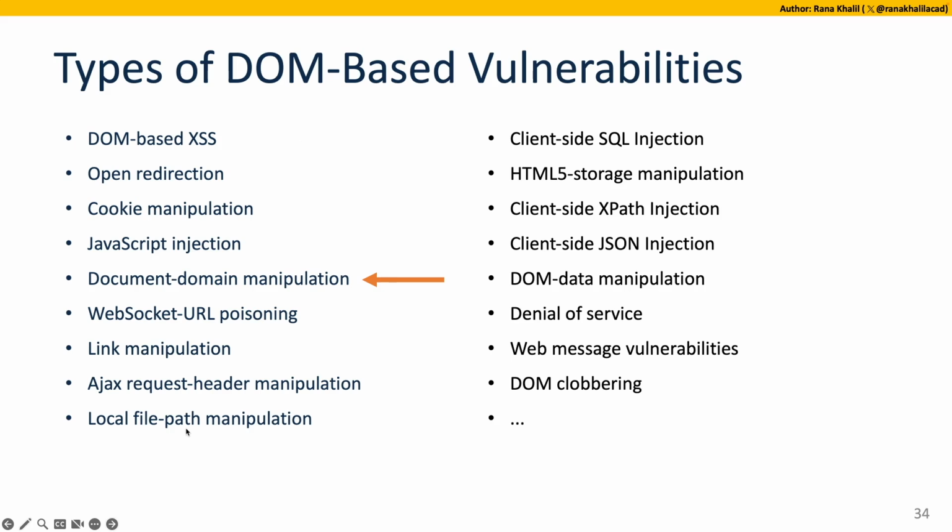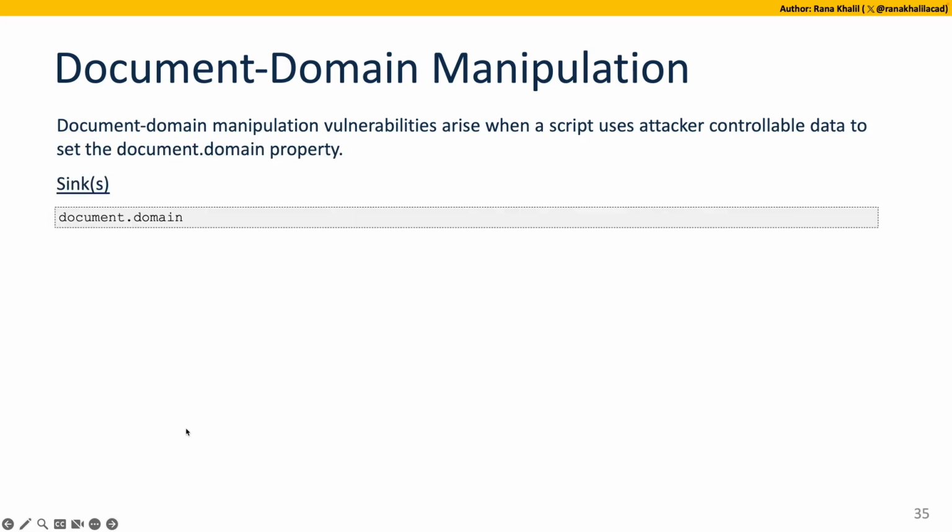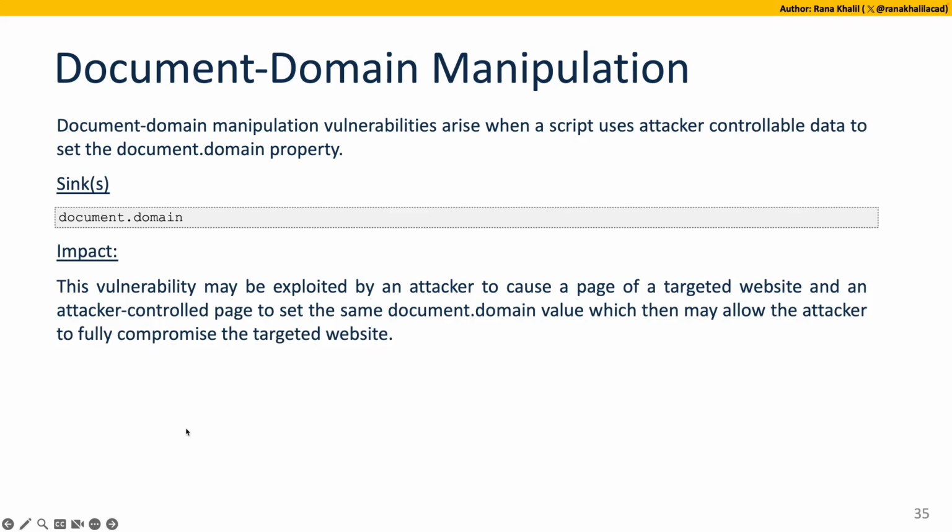Next, we have document domain manipulation. Document domain manipulation vulnerabilities arise when a script uses attacker-controllable data to set the document.domain property. So our sink over here is the domain property. Now, this vulnerability may be exploited by an attacker to fully compromise the victim website.